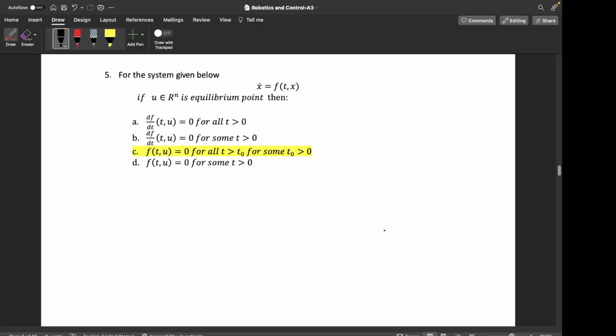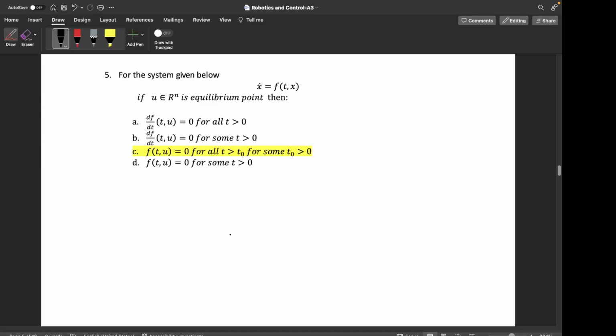Now the next question is that, let's say we have a system x dot is equal to f of t, x, and x is an equilibrium point. Which of these conditions are true? We know that at an equilibrium point, x dot is 0, basically the derivative of the state is zero, and that's the correct option.